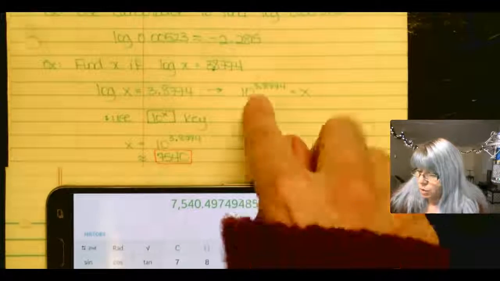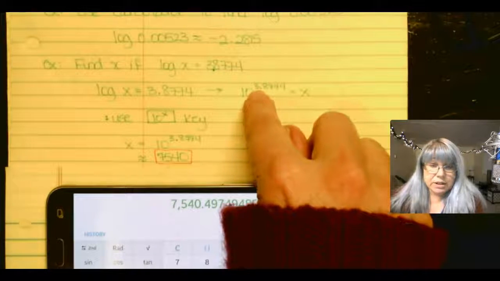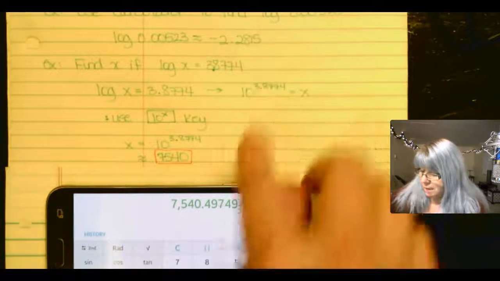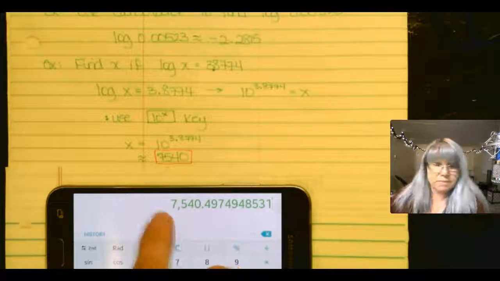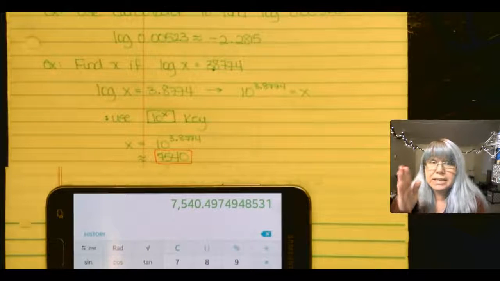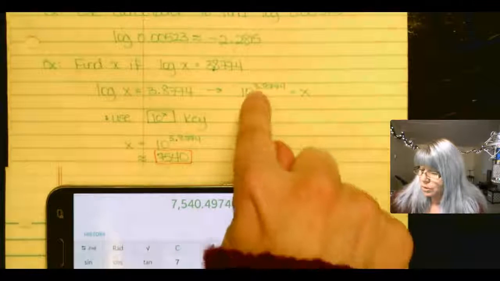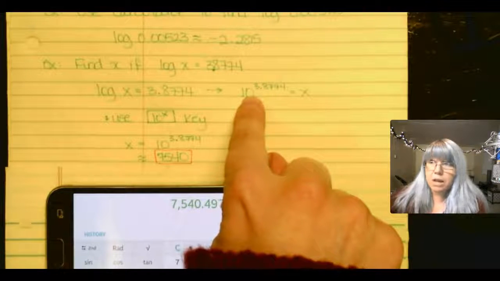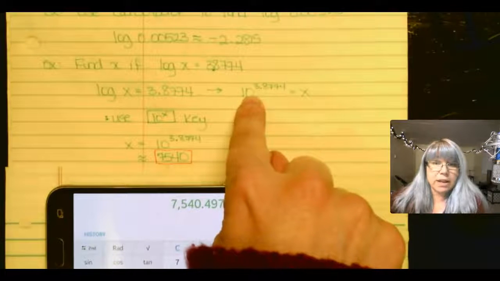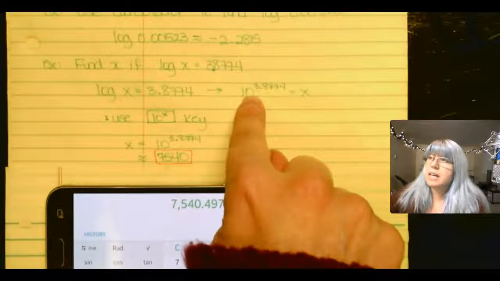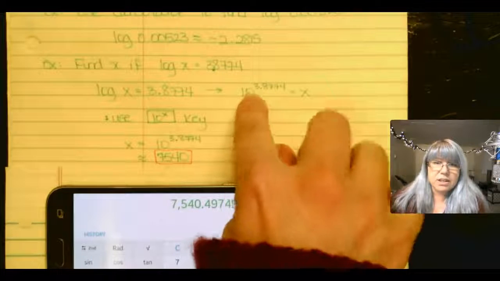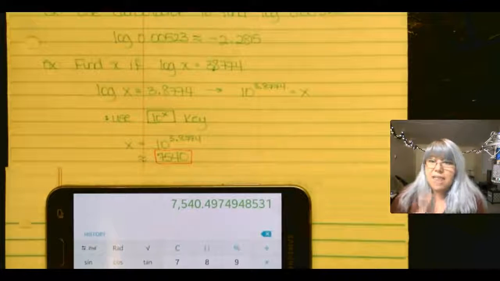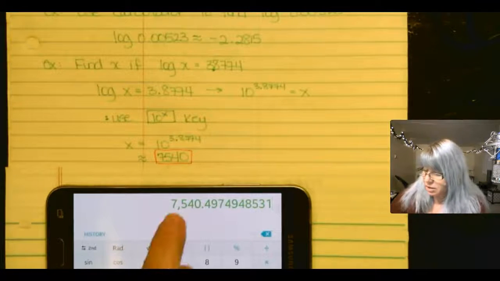Now, I do know with the characteristic, that's the characteristic right there, I'm going to have a number with at least 3 zeros in it. So I know with a 3, 10 cubed is 1,000. So I know this is going to have at least 1,000 as an answer.